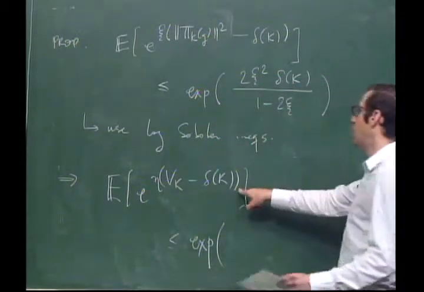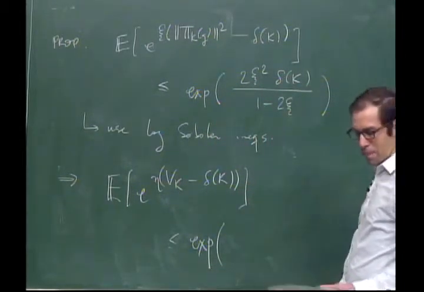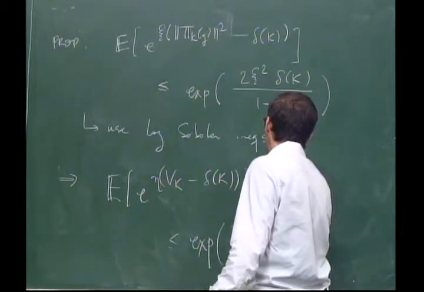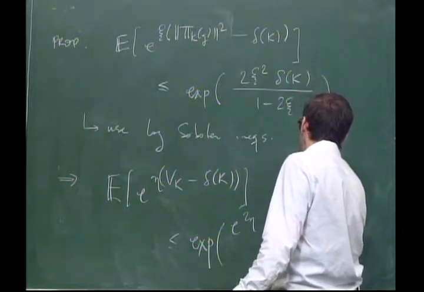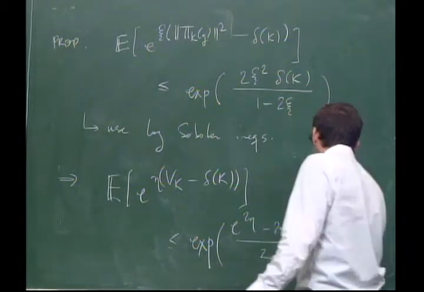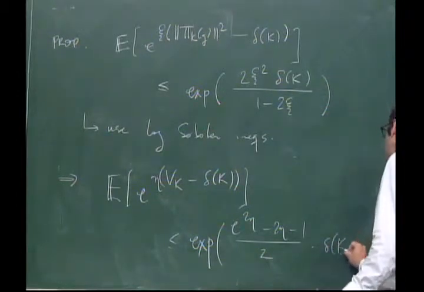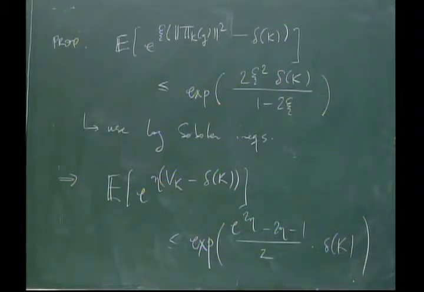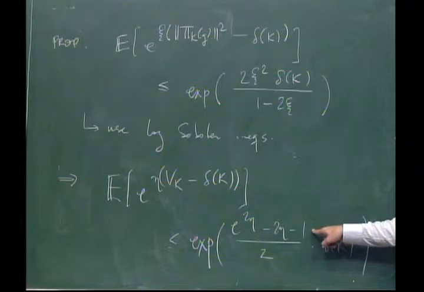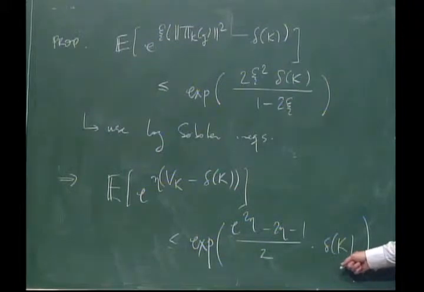So the moment generating function of this guy is controlled by e to the 2 eta minus 2 eta minus 1 divided by 2 times the statistical dimension. So again, this is the kind of thing that shows up when you prove Bennett inequalities for sums of independent variables. And this guy here is effectively the variance.